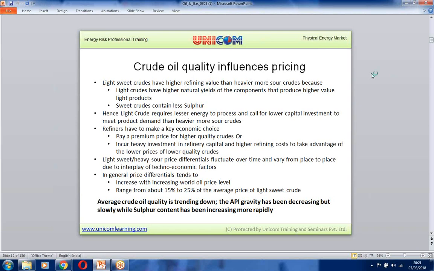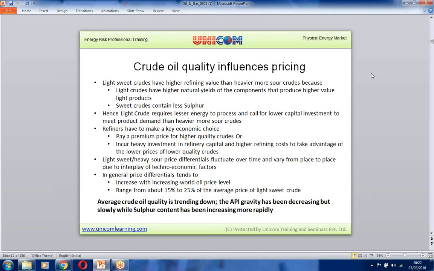In general, price differentials tend to increase with increasing world oil price level, and generally the range is about 50 to 20% of the average price of light sweet crude oil. The differential between the heavy and the light is in the range of 50 to 20% of the average price. So yeah, that's the trend now.